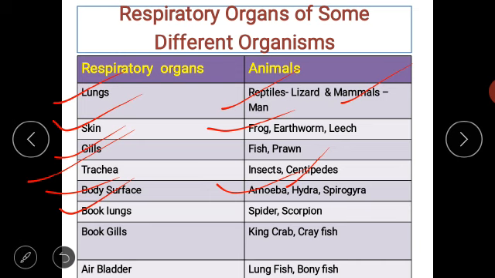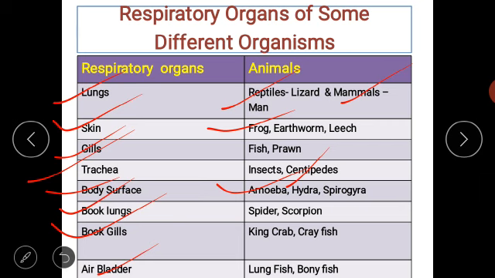Lungs present in mammals are very developed, but lungs present in the scorpion and spider are not much developed, so they are called book lungs. And what are book gills? They are present in crab, king crab and crayfish. These book gills are also poorly developed gills present in the king crab and crayfish, etc.